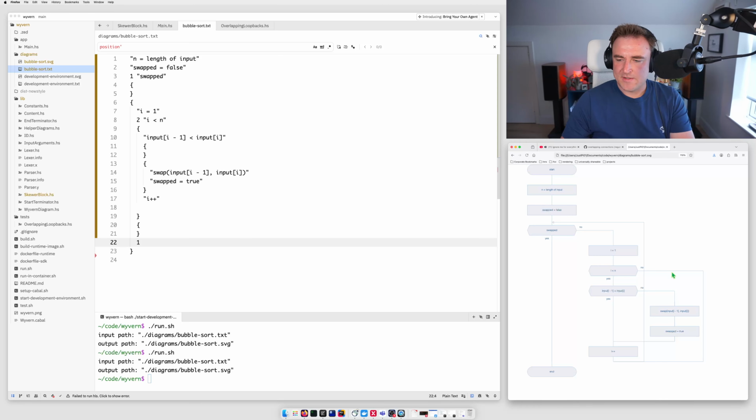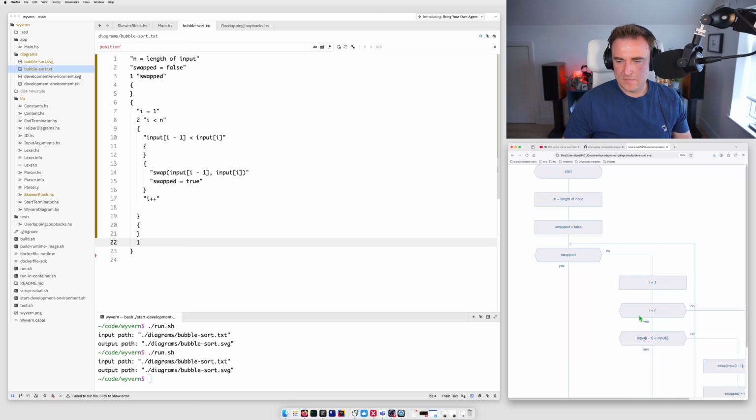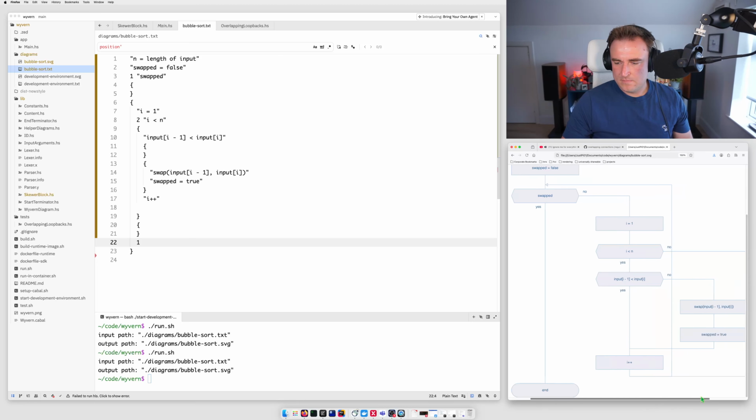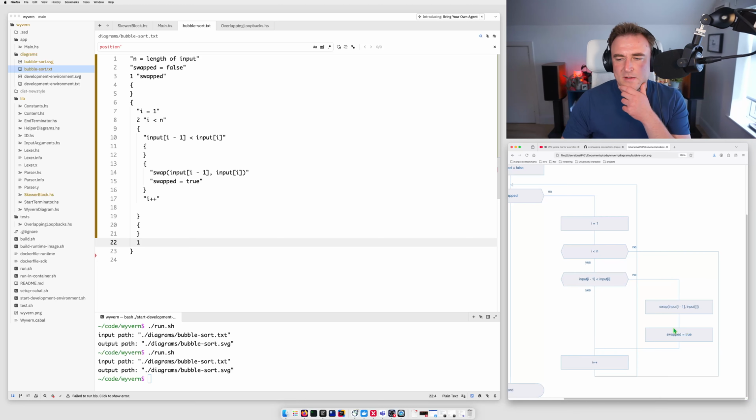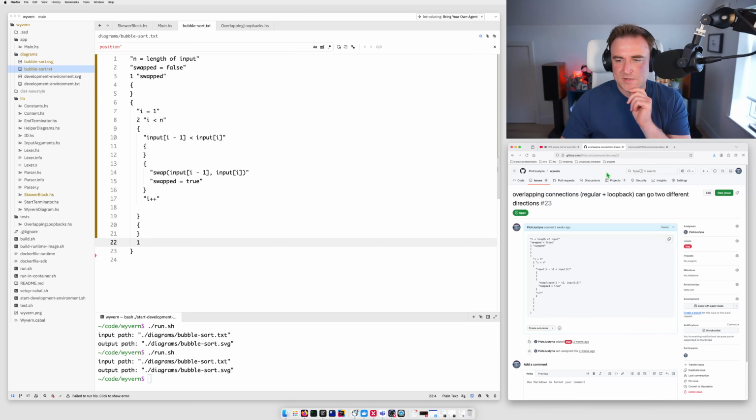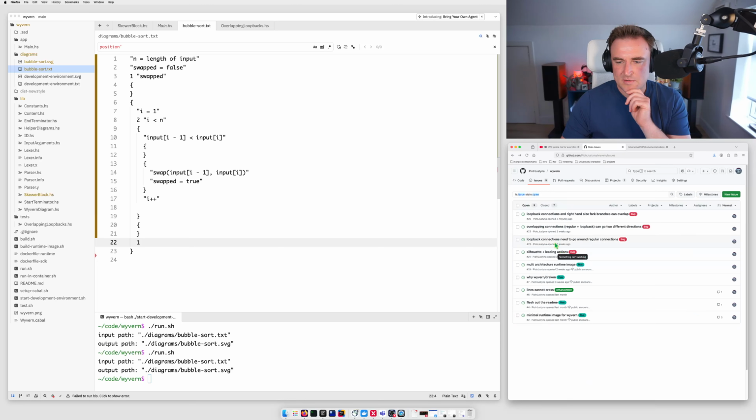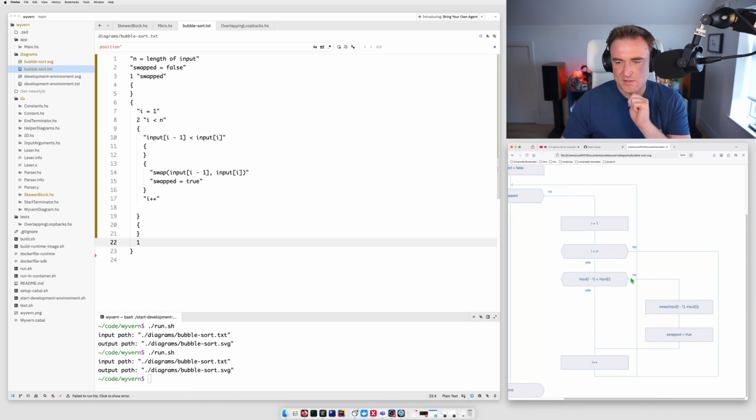So in that case, yeah, there are two problems. One is already described in this. Loopback connections need to go around regular connections. Yes. So this loopback connection should go all the way here and then back.